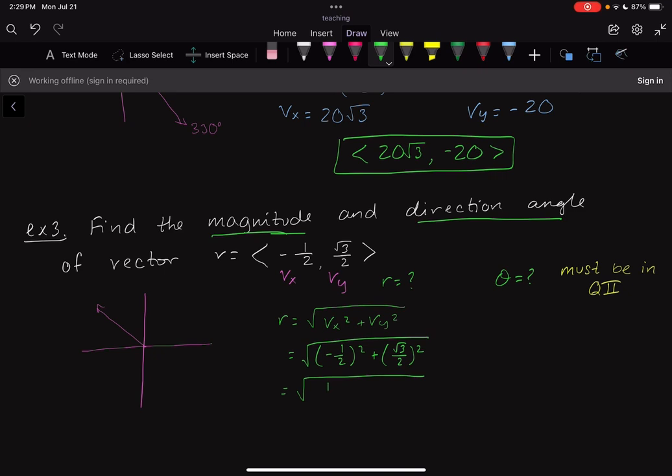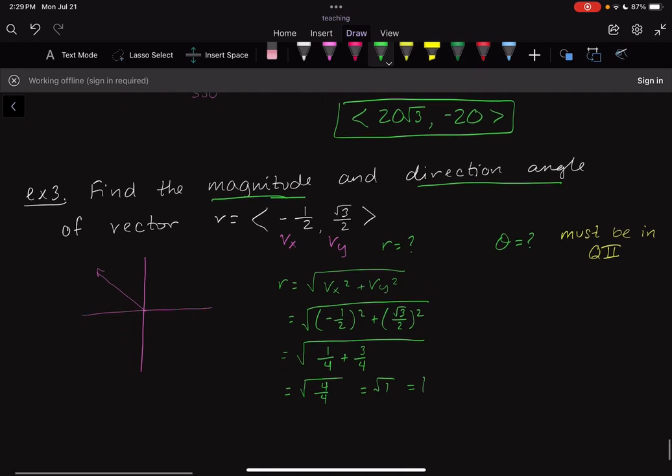So let's see, it's going to give me 1 over 4 plus 3 over 4, which is going to give me square root of 4 over 4, which is square root of 1, which is just 1. So here I get that r is equal to 1.